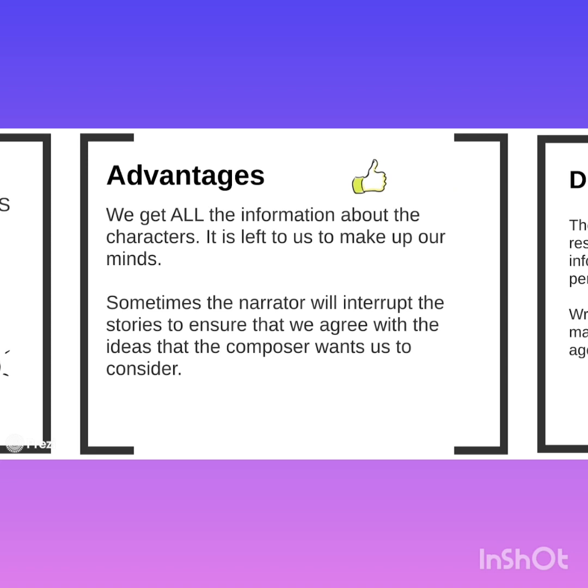Third person is useful in the sense that we get all the information about the characters, and it is left up to us to make up our minds. Sometimes, the narrator will interrupt the stories to ensure that we agree with the ideas that the composer wants us to consider.